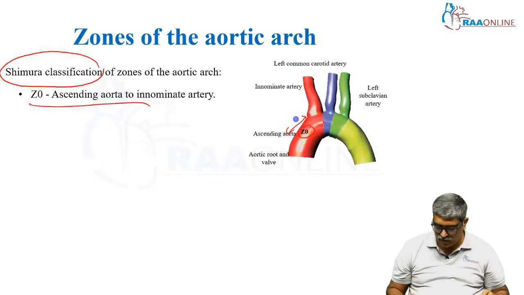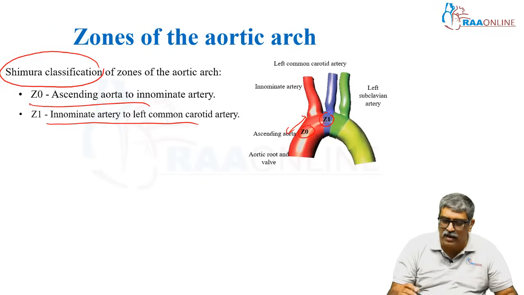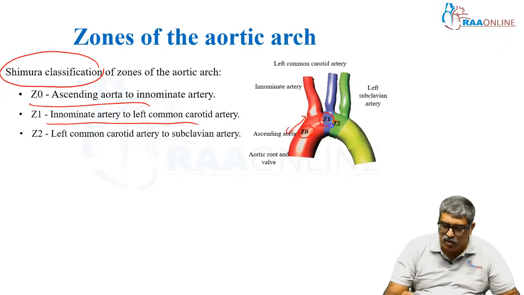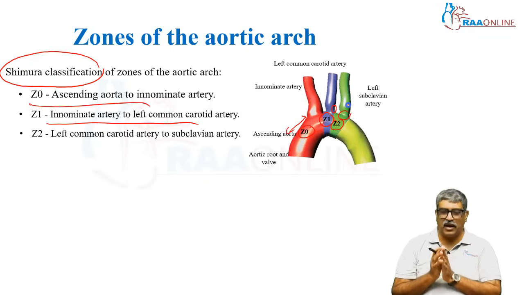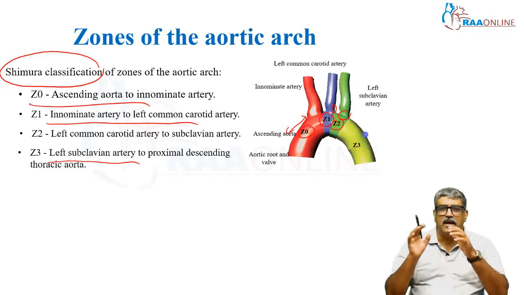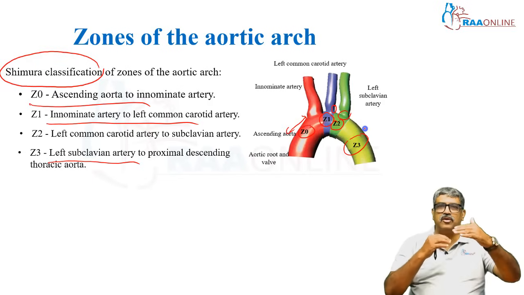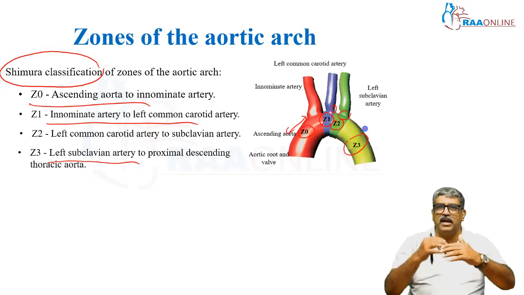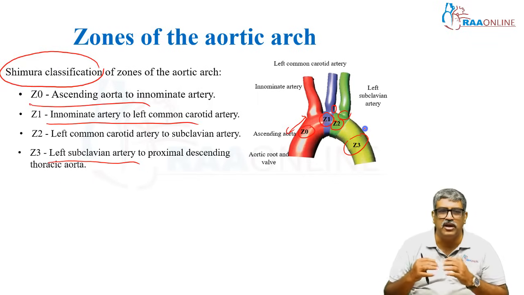Zone 1 is between the innominate artery and the left common carotid artery, and zone 2 is between the left common carotid artery and the left subclavian artery. Zone 3 is just distal to the left subclavian artery, and it can be further divided into 3 and 4, where immediately after the subclavian artery is zone 3, and after 2 or 3 centimeters it is the lower thoracic aorta, which is called zone 4.